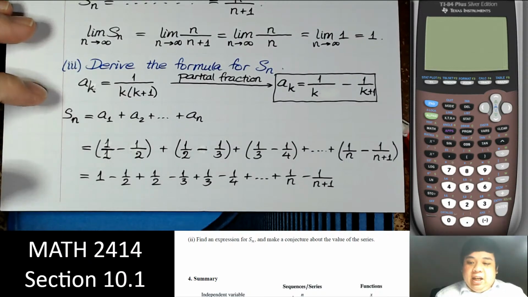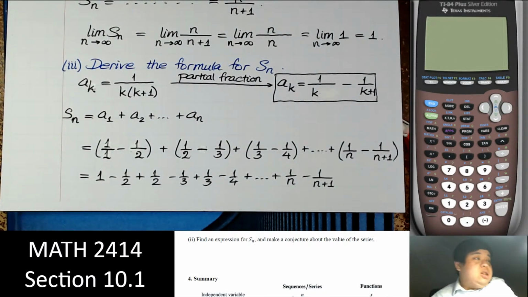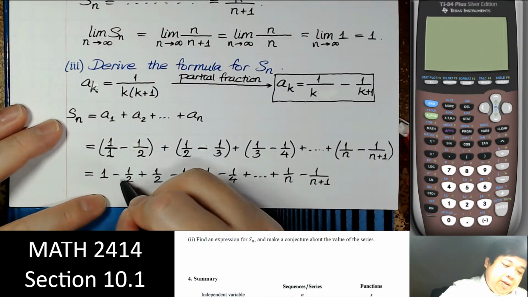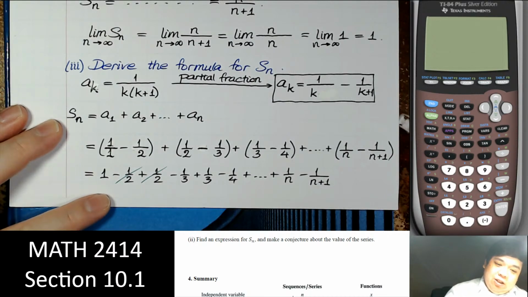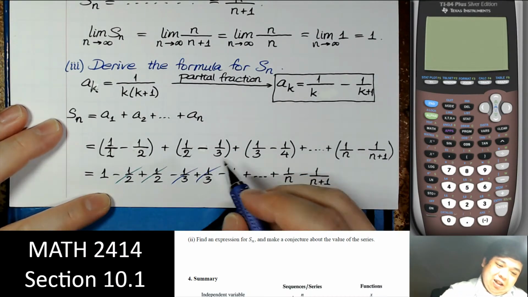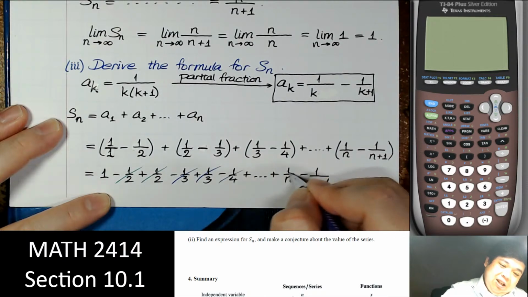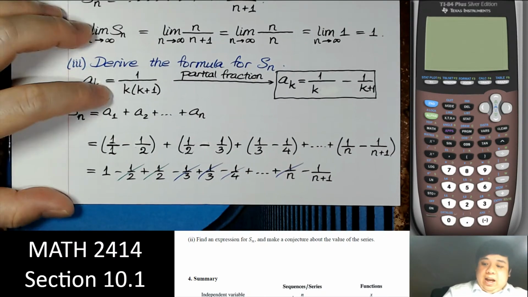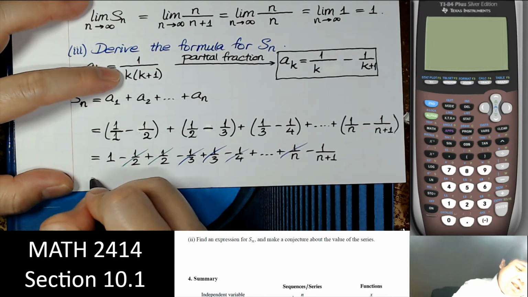So what we have here is called a telescoping series. That cancels out, this cancels out, and everything cancels except the first and the last.